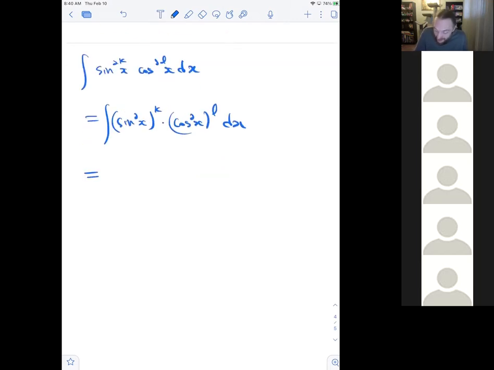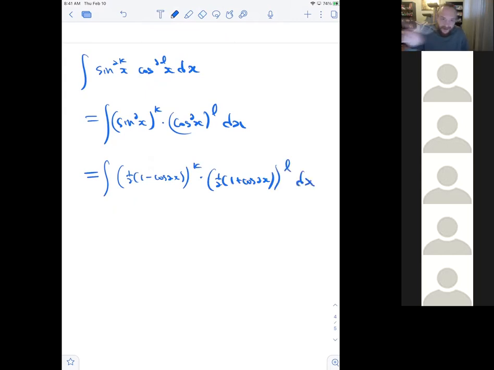This is going to become the integral of 1/2 (1 minus cos 2x) to the power k times 1/2 (1 plus cos 2x) to the power l dx. The problem with this is you have to FOIL everything out, and if you get cos squared of 2x, then you have to do the formula again and double the angle until you get to just cos kx's.